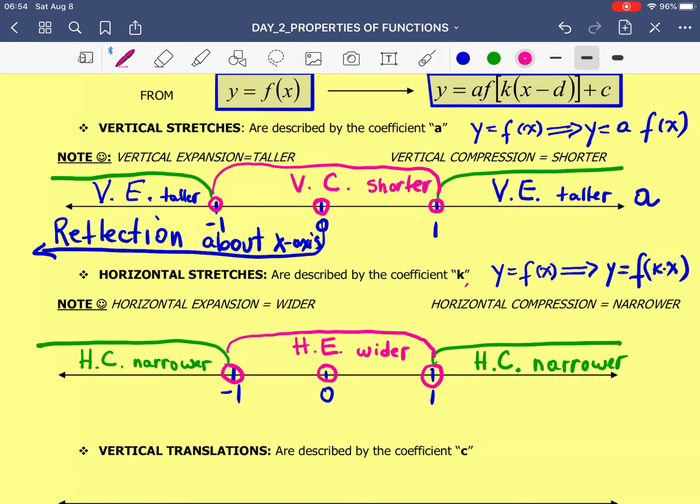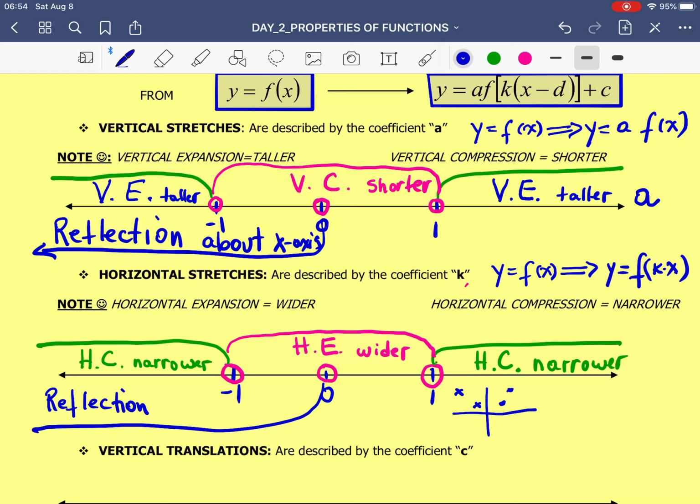If the coefficient k happens to be negative, the graph will undergo what we call a reflection. And if you think about it, the reflection will be about the y-axis. It's a reflection of x-coordinate. So imagine having a graph somewhere here, and there are points on the graph somewhere here. So if you are reflecting the x-coordinates of these points, that means that this point will go to the other side.